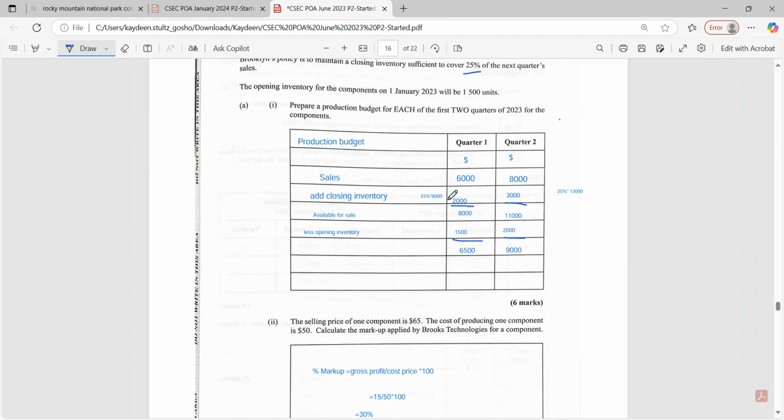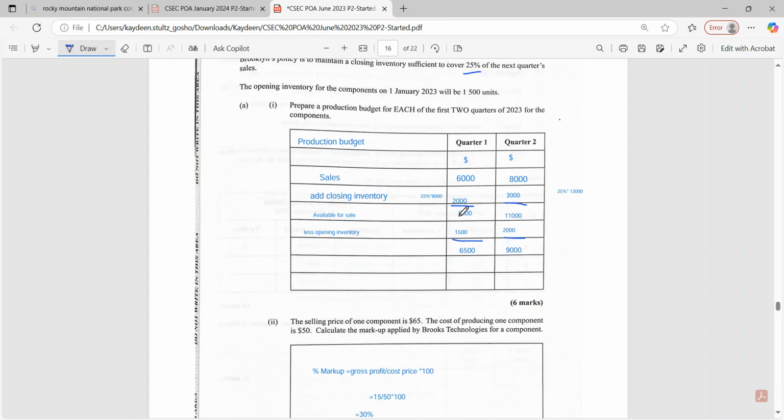That gives us what is available for sale, which is 8,000 for quarter one. So 2,000 plus 6,000 gives us 8,000. 3,000 plus 8,000 gives us 11,000. Now we're going to less opening inventory. Now opening inventory for the first quarter would have been 1,500 units because they said that the opening inventory for the components on the 1st of January 2023 is 1,500 units.